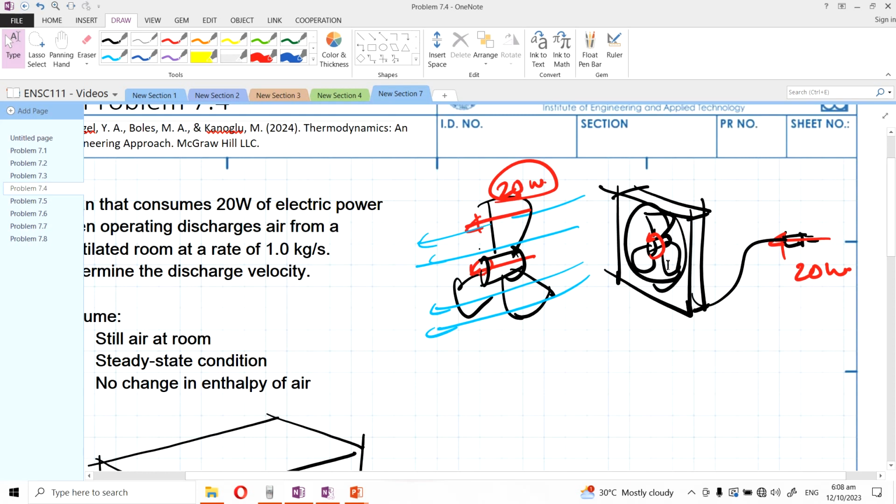We don't have any efficiencies like the brake horsepower or air horsepower. So there's not much data. If we choose air as our system, then the electrical input here is going to be the same here.